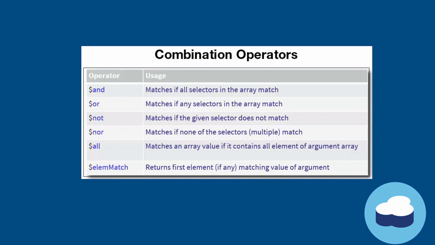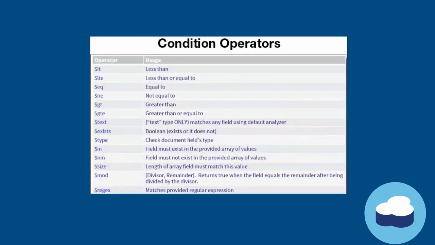Here you can see the allowable combination operators. The conditional operators are similar, specified on a per field basis and applied to the value indexed for that field. Here you can see the allowable conditional operators.